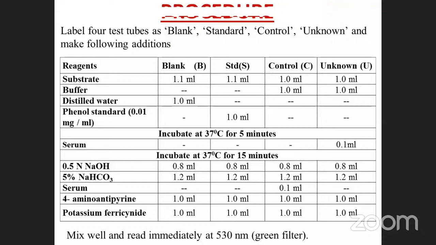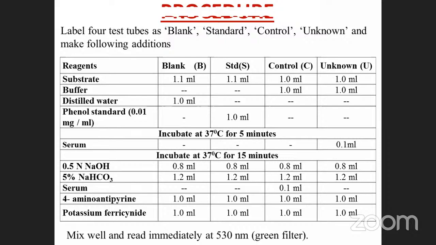Add 1.1 ml in all tubes. Then add buffer. Buffer means pH 10 solution. Sodium carbonate or bicarbonate is used. Add 1 ml in only control and unknown. Then add distilled water in blank. Then add phenol standard in only standard.